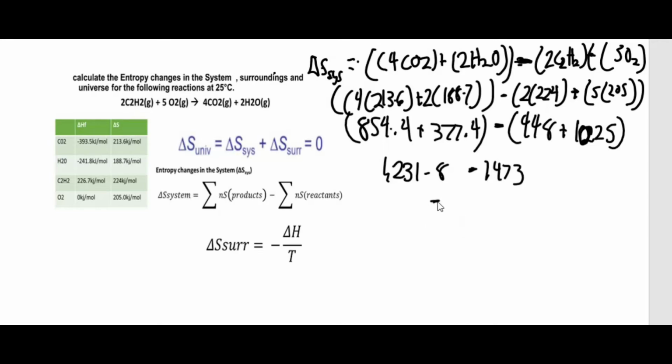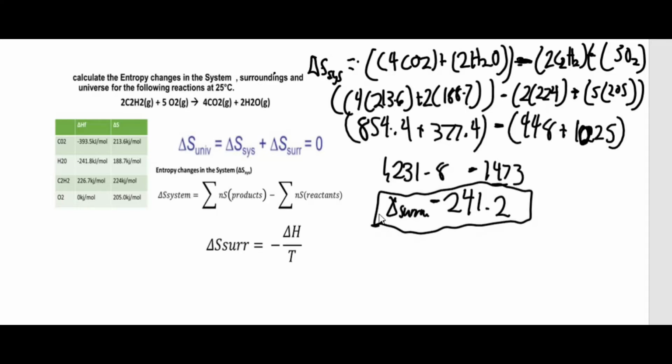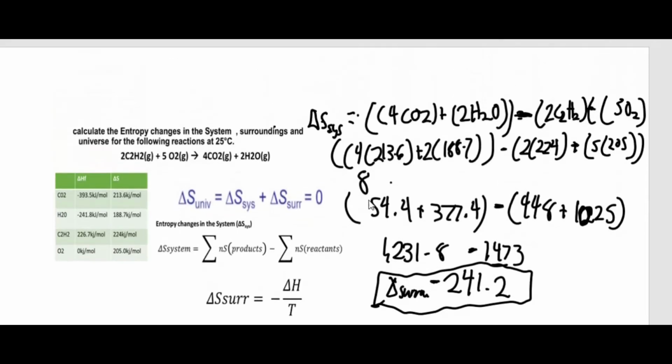So the answer will be negative 241.2. So that's the S round. Now that we have the S round, let's get the S. Oh, sorry. We got the S system. Now we're gonna get the S round. Sorry, this is the system. Here we go. System.